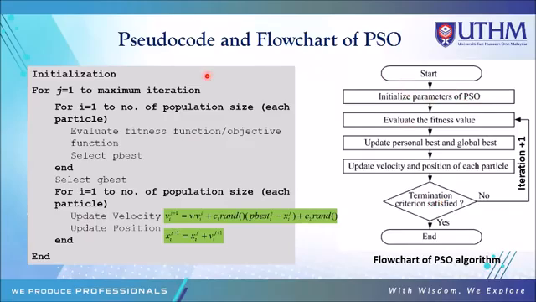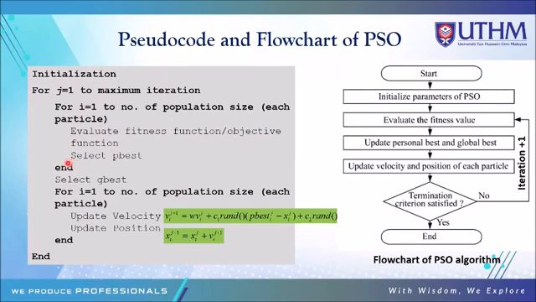Look at the pseudocode. This is the initialization. For iteration 1, let's say J is the iteration number. PSO works based on the population size, so we have a number of particles in the population. For every particle, we evaluate the fitness function and select the p-best.